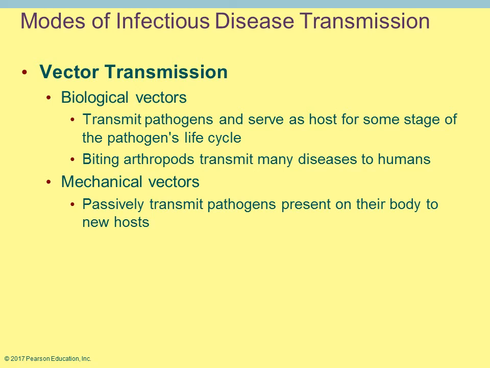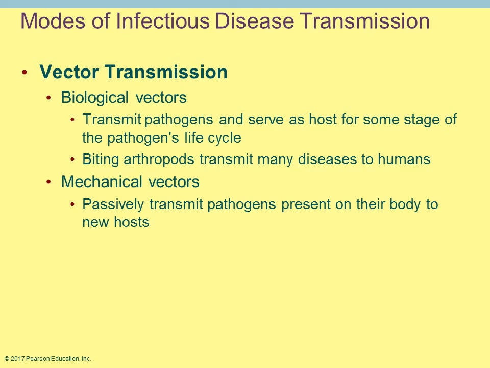Vector transmission, this is where you have the pathogen in one host, and then you can have a biological vector organism that then transmits it from one host to another. Oftentimes these are going to be insects.